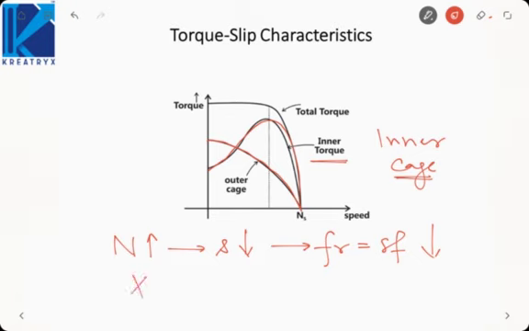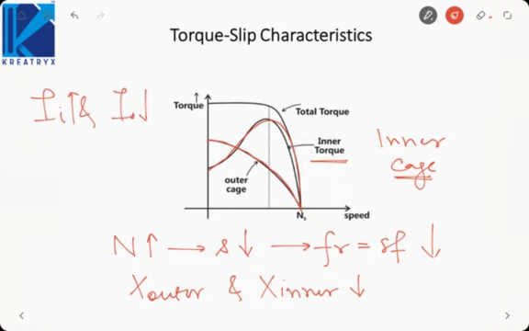The difference in the reactances X outer and X inner decreases. So current starts increasing in the inner cage and current starts decreasing in the outer cage. If current in the outer cage starts decreasing, since torque is proportional to I squared, it also goes down. That is why the torque of the outer cage decreases as the speed builds up.